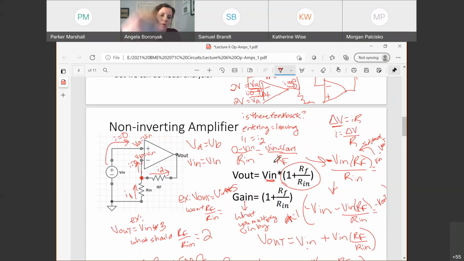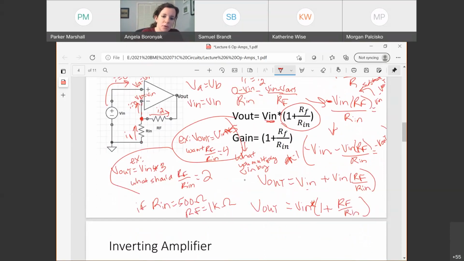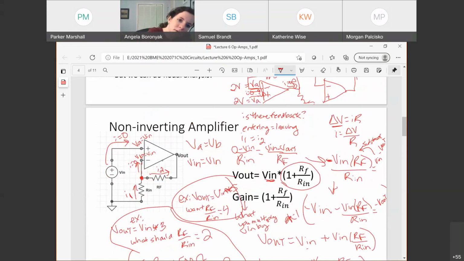For this example, we'll do this. Let's say Vn, to give an actual value to this voltage source, is positive 5 volts.